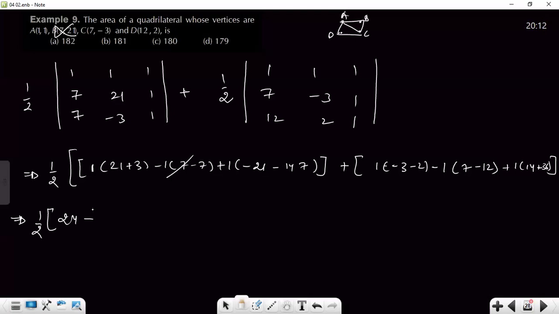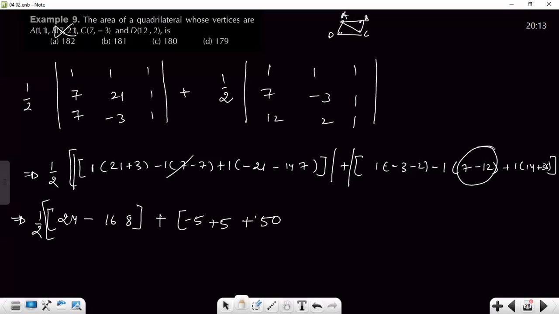And we need to remember that this overall value has to be positive, because that's the area of a triangle. 21 plus this becomes 68. Plus this has become minus of 5 into minus 1. That becomes plus 5. Plus 1436 becomes 50.